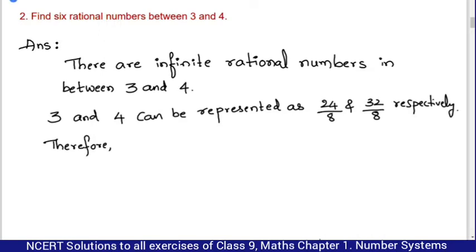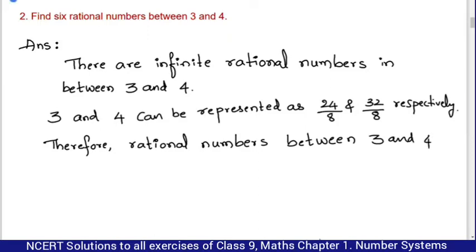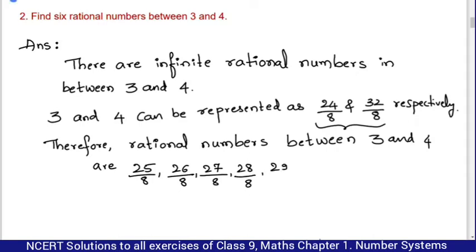Therefore, rational numbers between 3 and 4 are 25 by 8, 26 by 8, 27 by 8, 28 by 8, 29 by 8, 30 by 8.